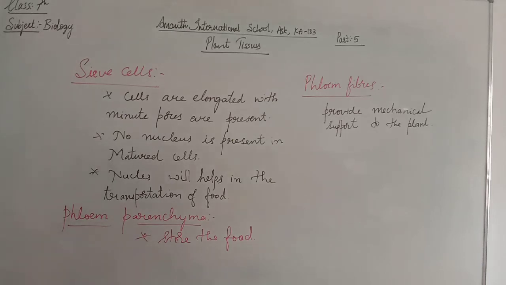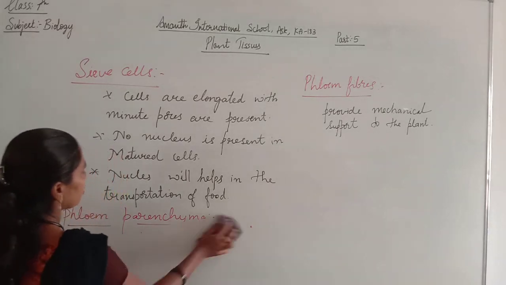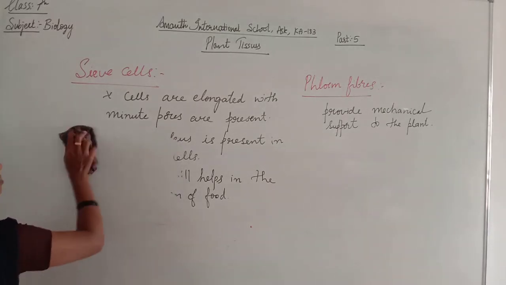They are also called conducting tissue, complex permanent tissue, and vascular bundles. Now we shall study the differences between xylem and phloem.